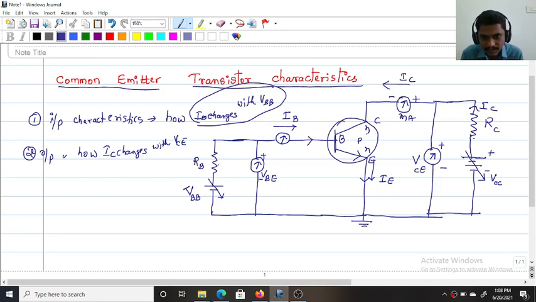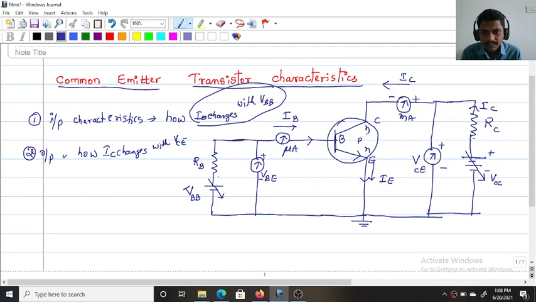There is a base resistor, and in order to measure the current passing through the base, a microammeter is used. The base current is in the order of microamperes, which is why we use a microammeter.